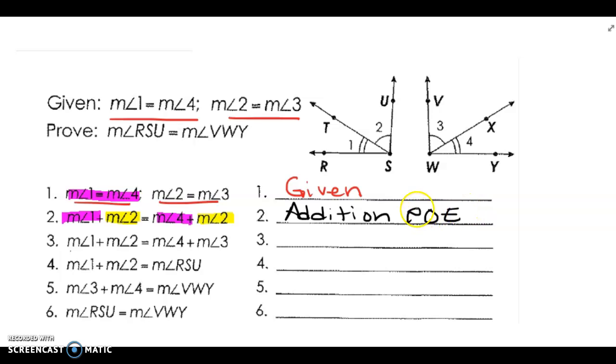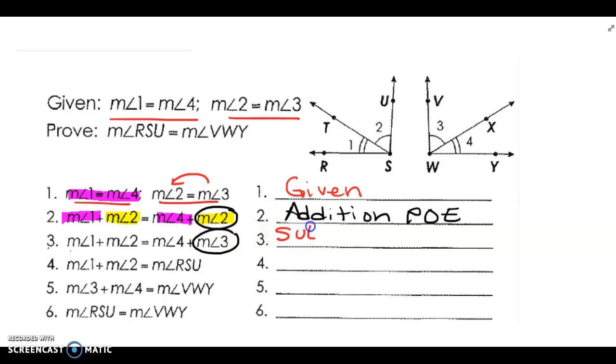Okay, now if you compare lines 2 and 3, the only thing different is this measure of angle 2 changed to a measure of angle 3. Everything else is the same here. And the reason I can do that is because I can substitute 3 in for 2.